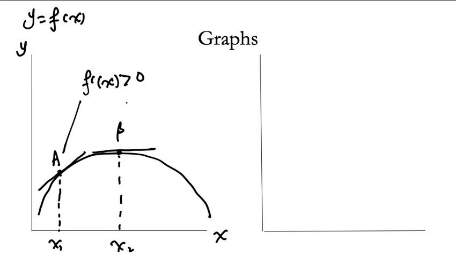And when it is concave, that means f double prime x is negative. That means this second derivative, like I mentioned to you just now, measures the rate of change of the first derivative. The first derivative at point A is increasing but at decreasing rate.